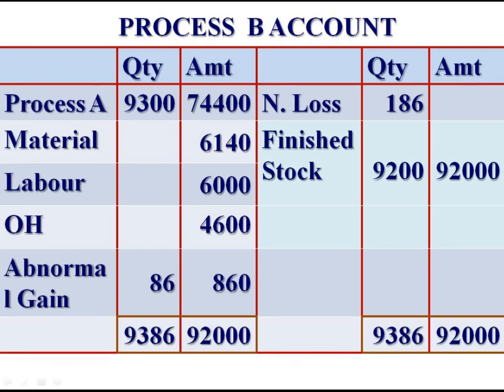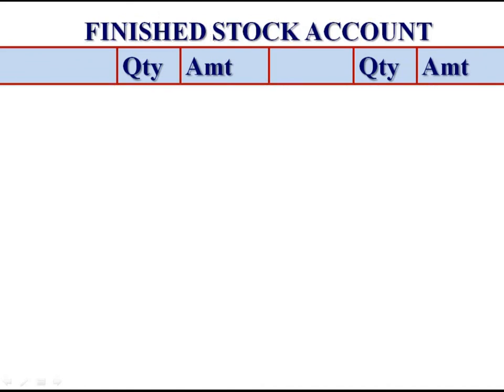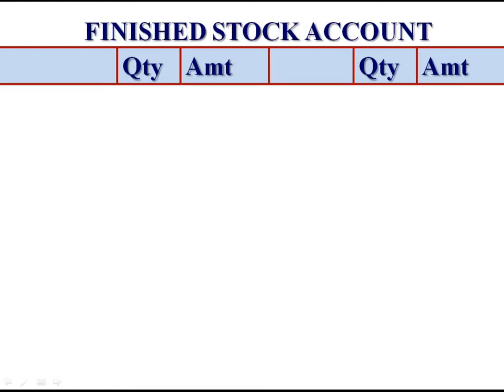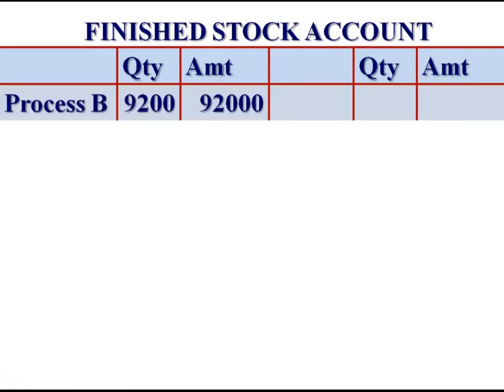Then total both sides of process B account, we get 9,386, rupees 92,000. Then prepare finished stock account. From process B, 9,200 units at rupees 92,000 are transferred to finished stock account. It is to be debited: 9,200, 92,000.